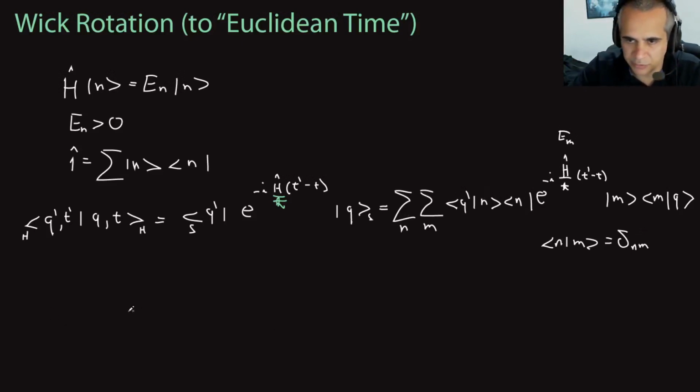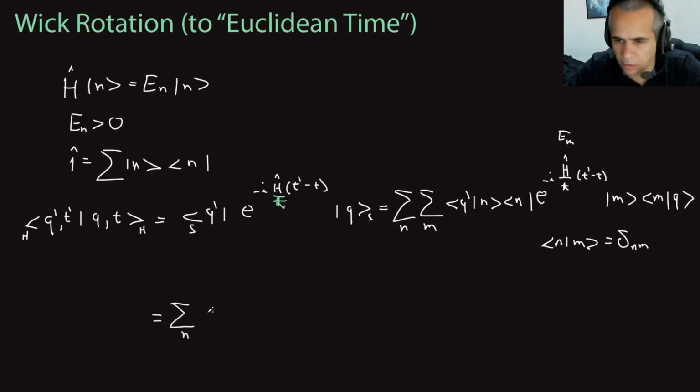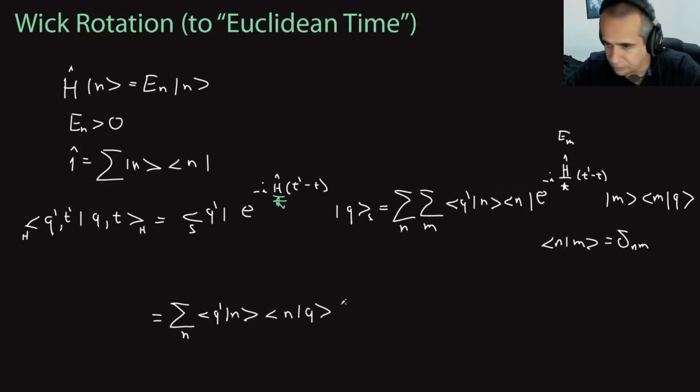So that allows me to write that same expression as just one sum over N of Q prime, this part, Q prime N, and then M is equal to N, so it becomes again N Q, and then the exponential, which is minus i energy over h bar, t prime minus t.